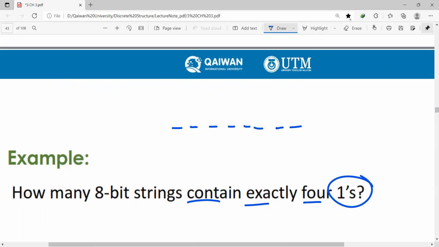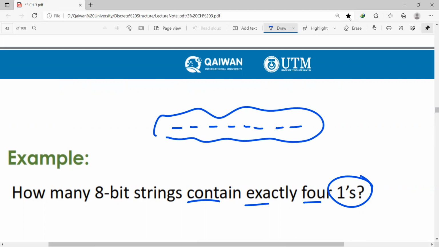That means we have 4 from 8. That means in how many ways we can write down 4 ones here, only 4 of them. Let's say you have these 4.